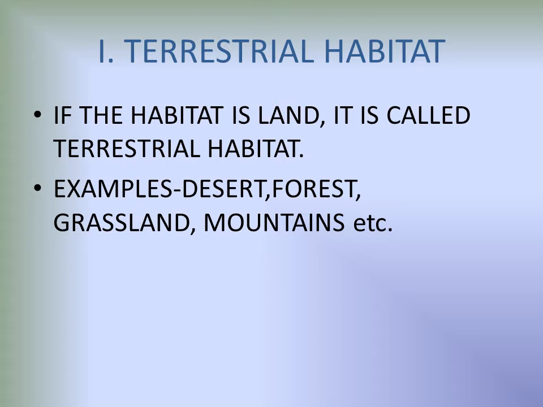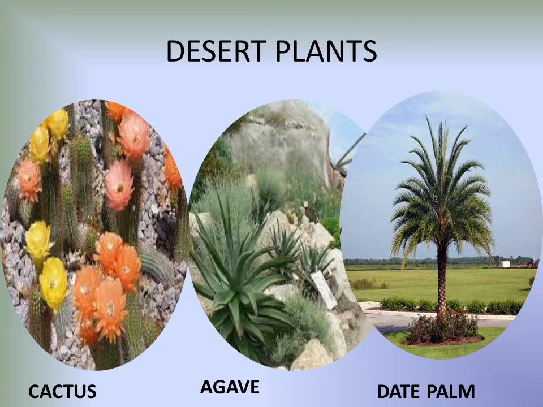Deserts are places where there is no rainfall or very little water, so to survive in such habitats, plants and animals require some special features.